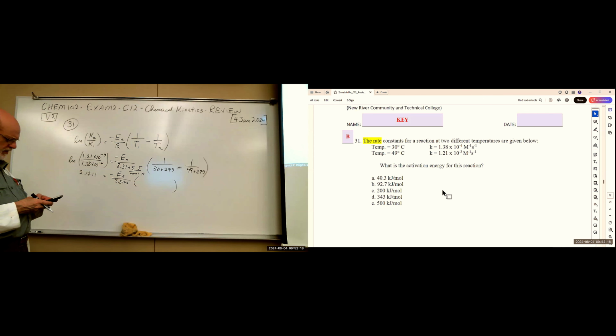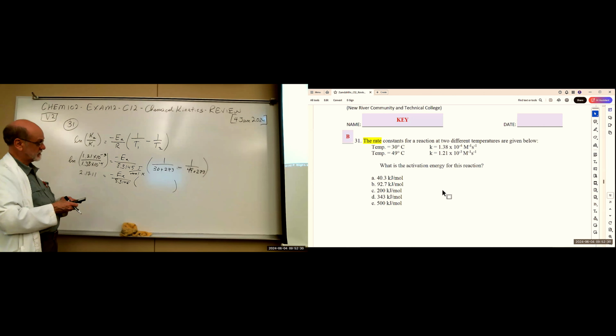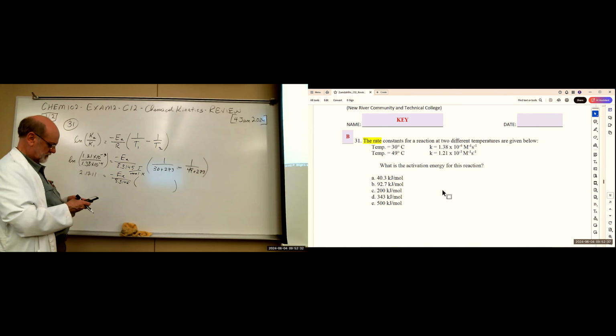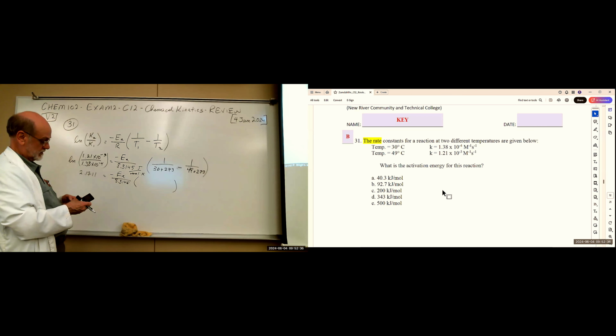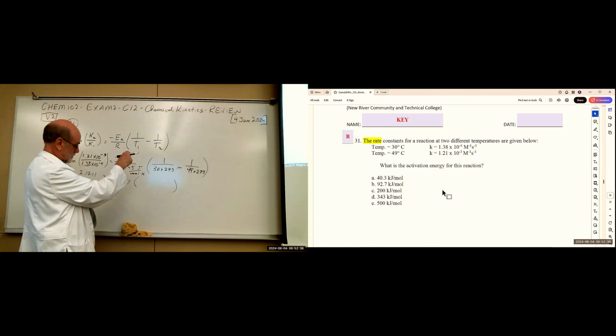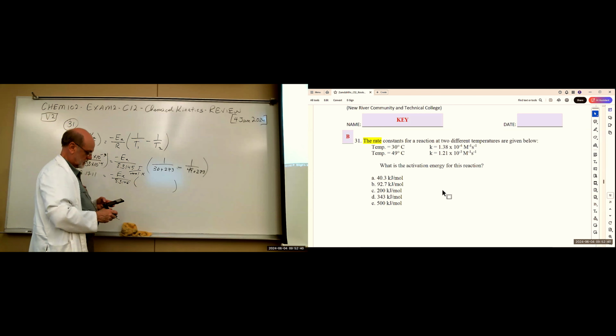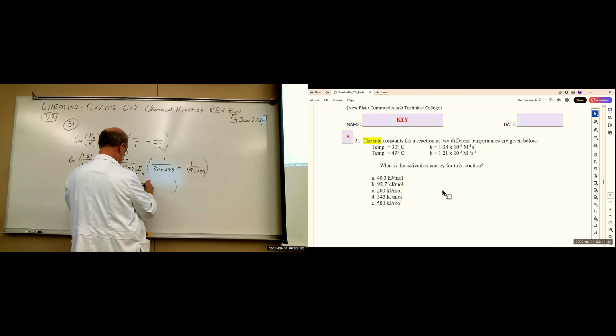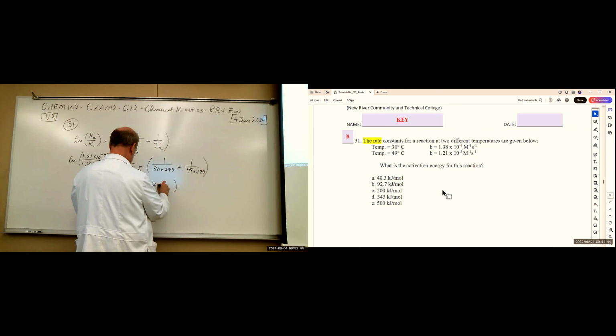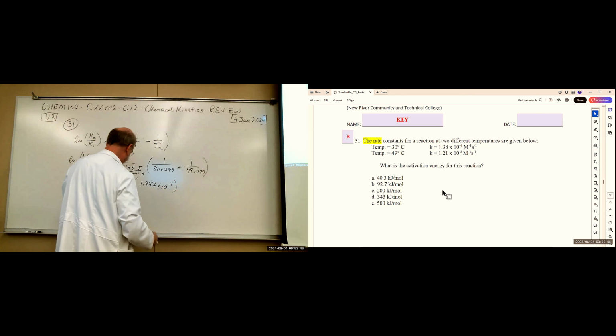So 30 plus 273 is 303, and I'm going to take the inverse of that one. And then 49 plus 273 is 322. I'm going to take the inverse of that and subtract it from the previous one. And I get 1.947 times 10 to the minus 4.